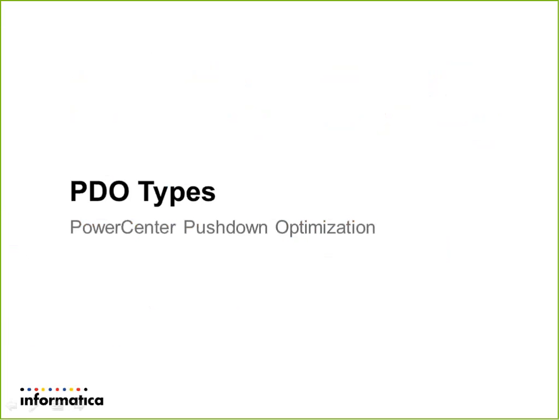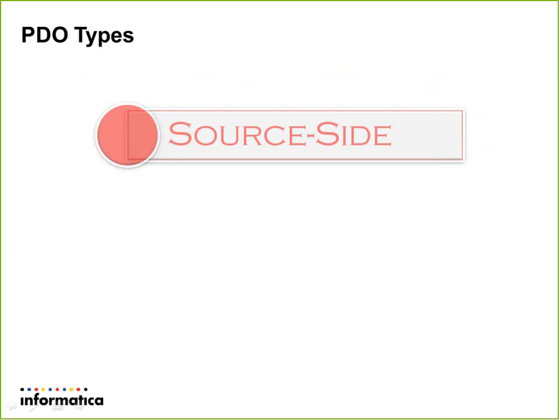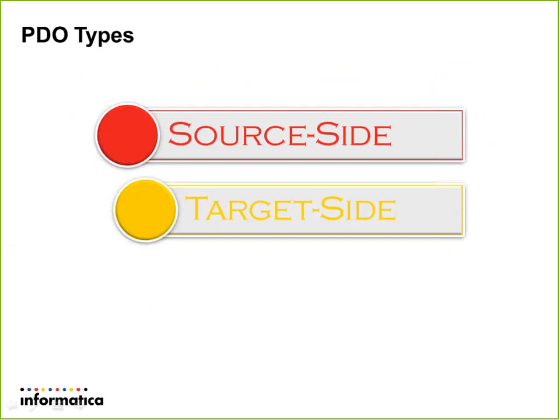Now, having looked at few PDO examples, following is related to the possible PDO types configurable on a PowerCenter session. There are three possible pushdown optimization configurations that can be done. Source side, which essentially pushes as much transformation logic as possible to the source database.